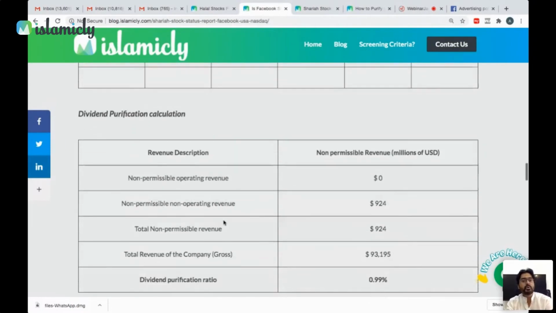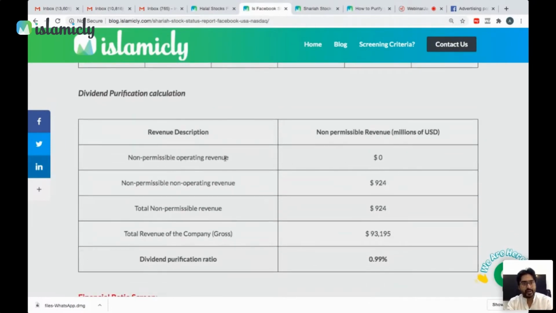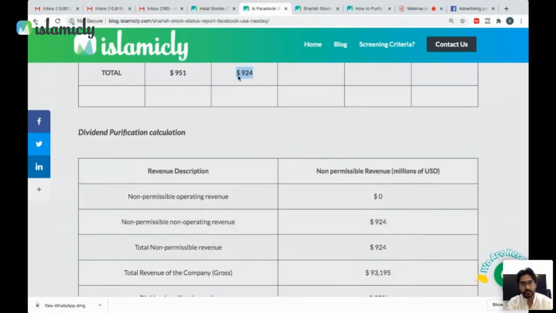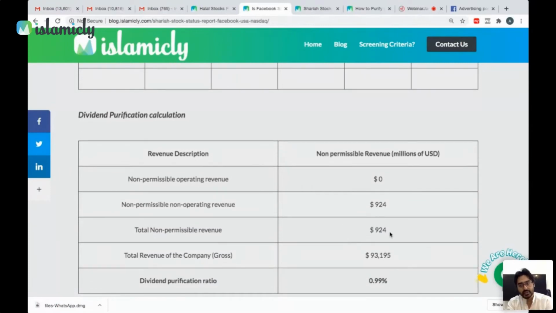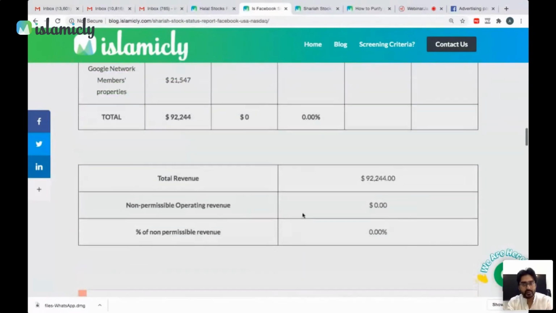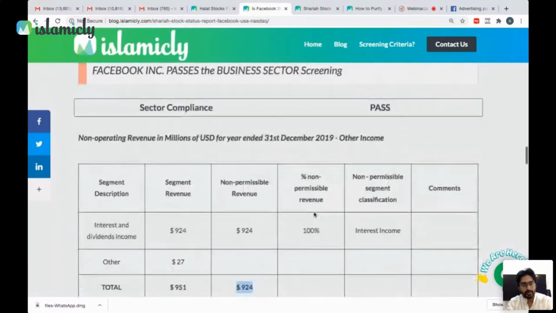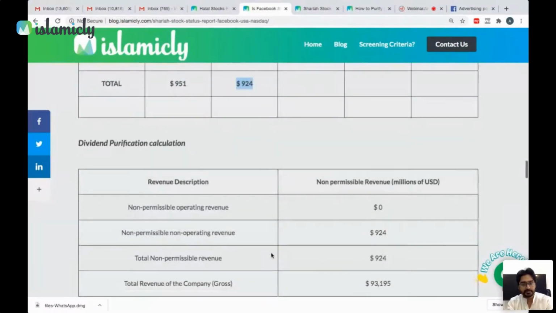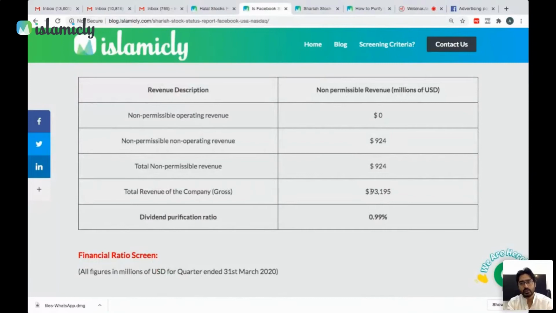So let's see the dividend purification calculation. Non-permissible operating revenue, as we saw, is 0. Non-permissible non-operating revenue, as we saw, is 924. It's just here. Can you see? So the total is 924 itself. Both these revenues have to be clubbed with the total revenue of the company, that's 92,244 plus 951, which gets us to 93,195 million dollars.